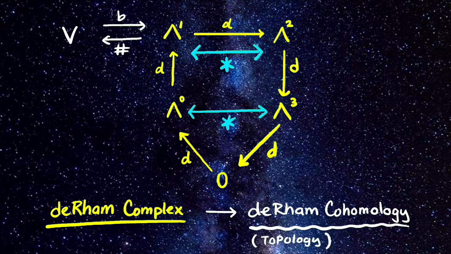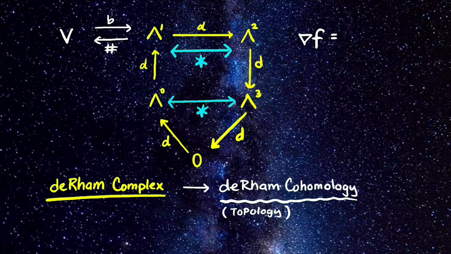De Rham cohomology is an element of topology that helps us define the global structure of a manifold.